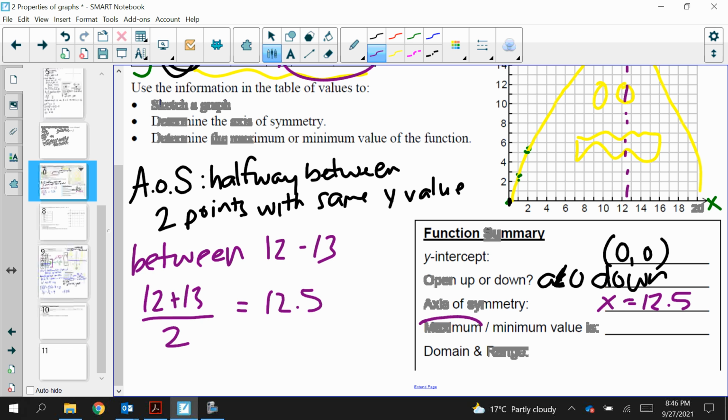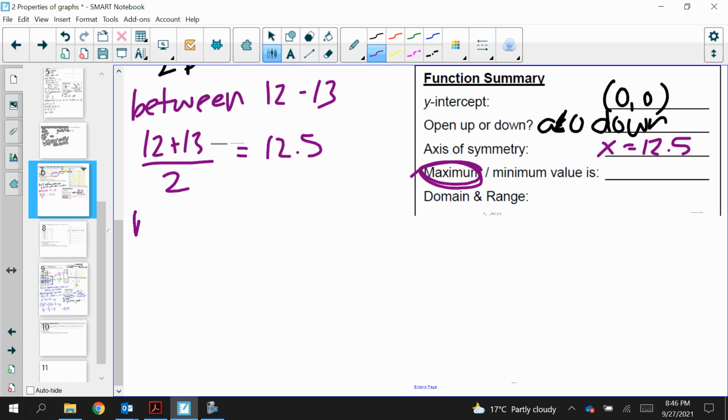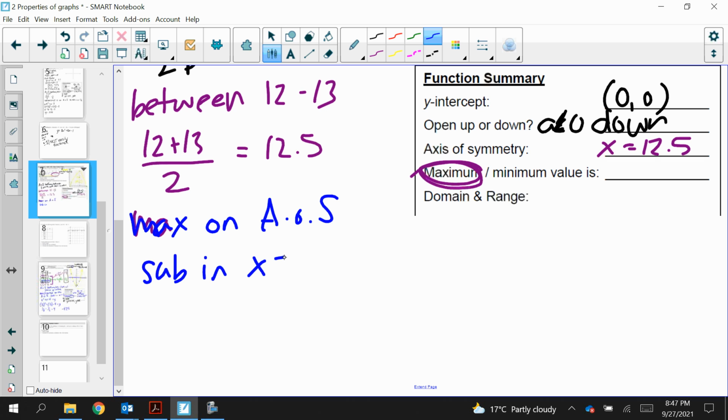It has a maximum value because again it's opening downwards. That maximum value is on our axis of symmetry because your vertex will always be on the axis of symmetry. So sub in x equals 12.5 into the original equation.